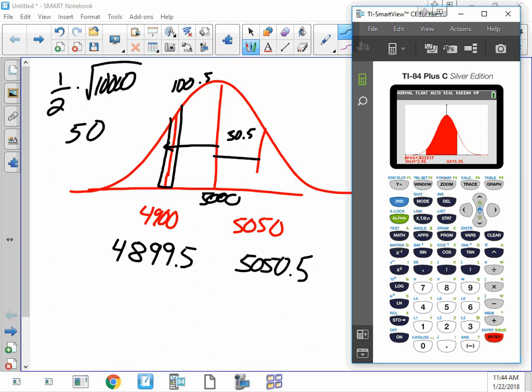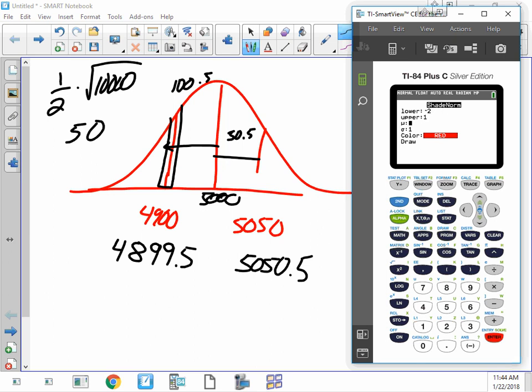And that gives me 82%. Now, before today, we didn't care about the endpoints, right? Before today, we would have just said up 50 and down 100, and we would have plugged in negative 2 and 1. Does it make that much difference? So shade norm from negative 2 to 1.